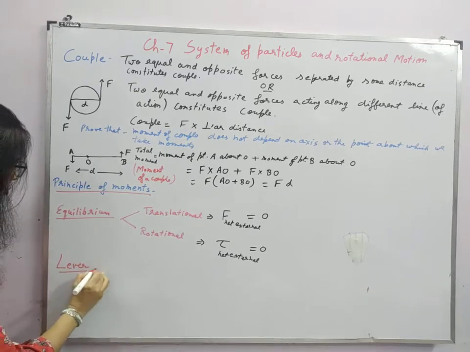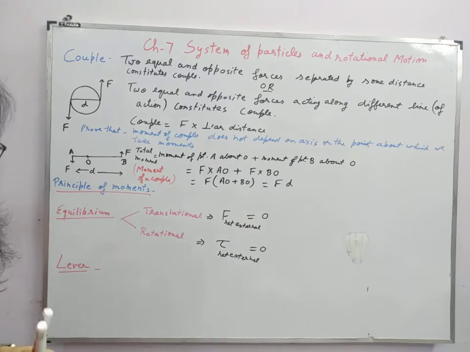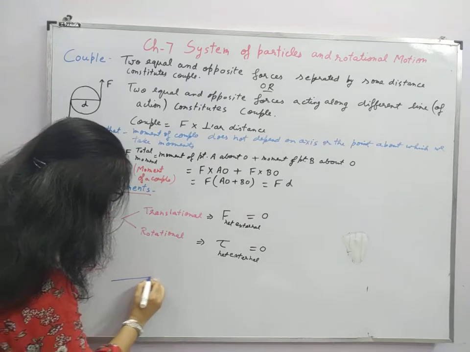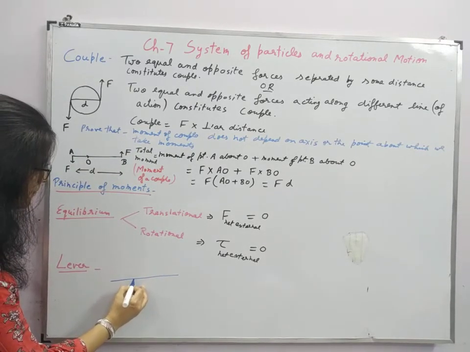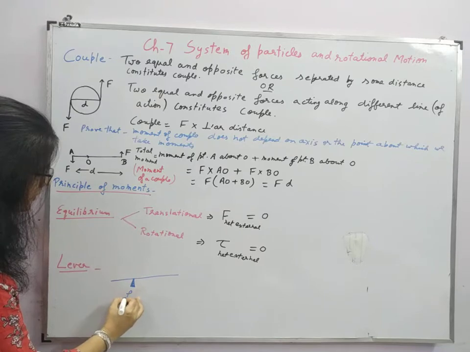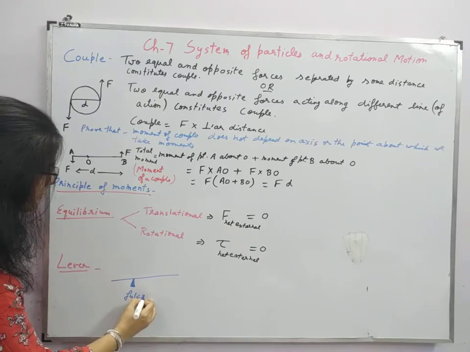You have studied about lever in your lower classes. What is a simple lever? If we have a straight rod, it is pivoted somewhere here, then this point is called the fulcrum.